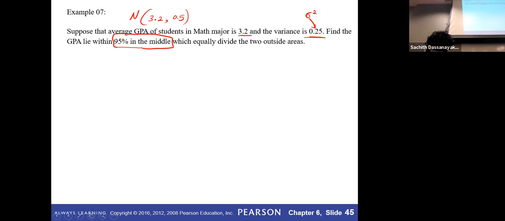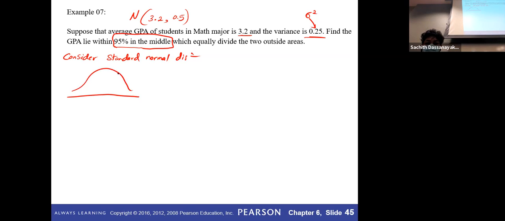These are percentile-based problems in normal distribution. Simply consider 95% from the standard normal distribution, because we are dealing with areas. So 95% in the middle, like this.